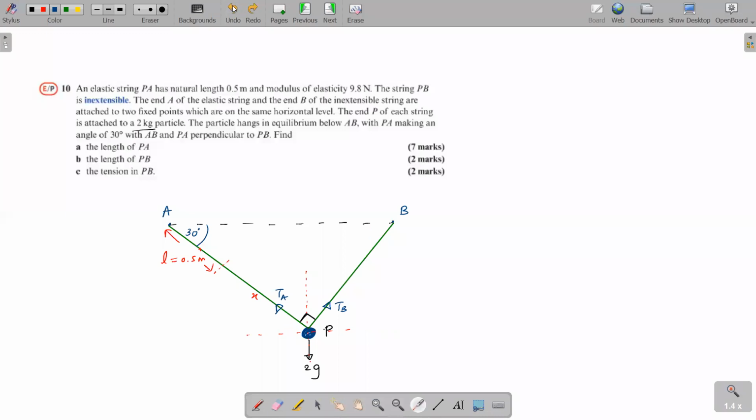So what I'll be doing here is I'll be erasing this and I'll be resolving using these two perpendicular directions. Look at the directions that I'm using.